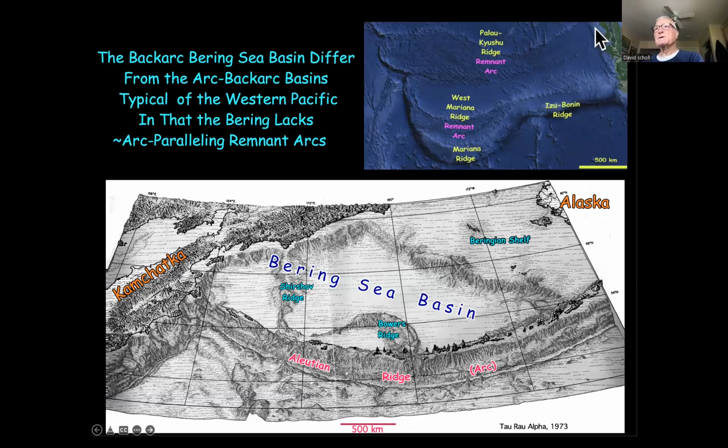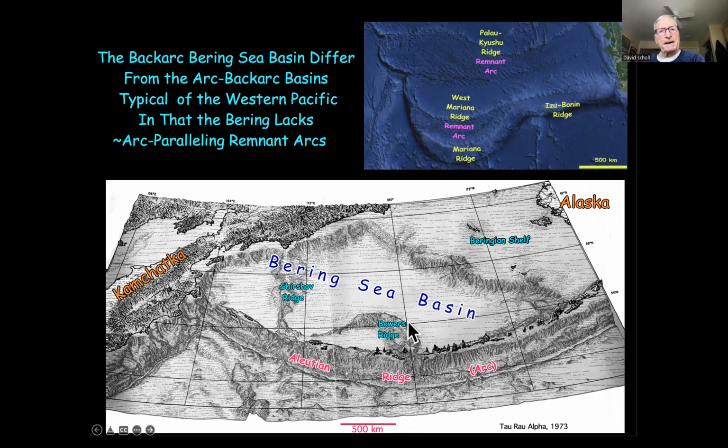Here is the Eastern Philippine Sea, Palau here, West Mariana, and you can see roughly parallel to the trench system out there, here. These are the remnant arcs. This is the back arc spreading that produced them.